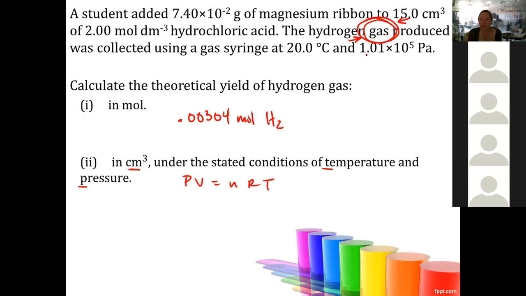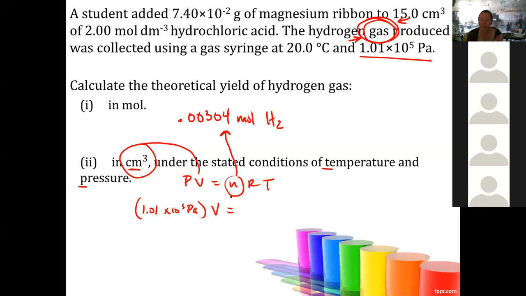Pressure is given to us here, 1.01 times 10 to the 5 pascals. Volume is what we're trying to find, so I'm going to leave that be. n is moles. That's what we just figured out. R is our ideal gas constant, which is given to us in our data booklet, 8.31 joules, moles to the -1, Kelvin to the -1.